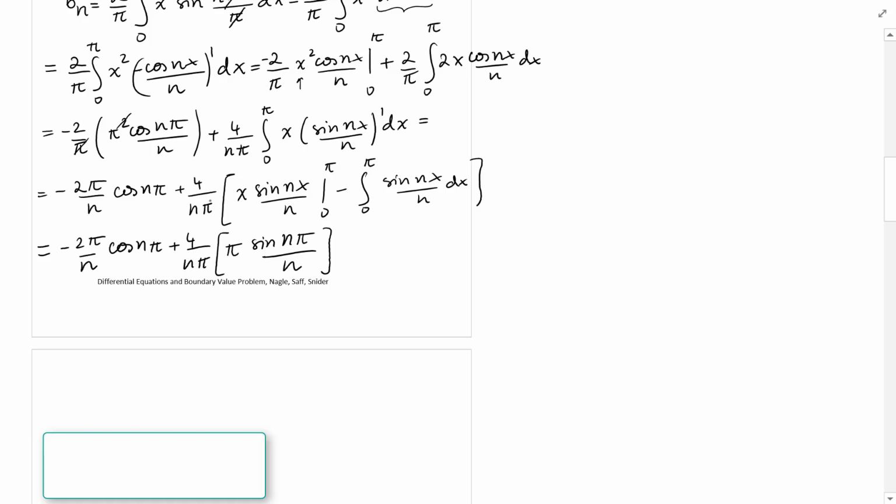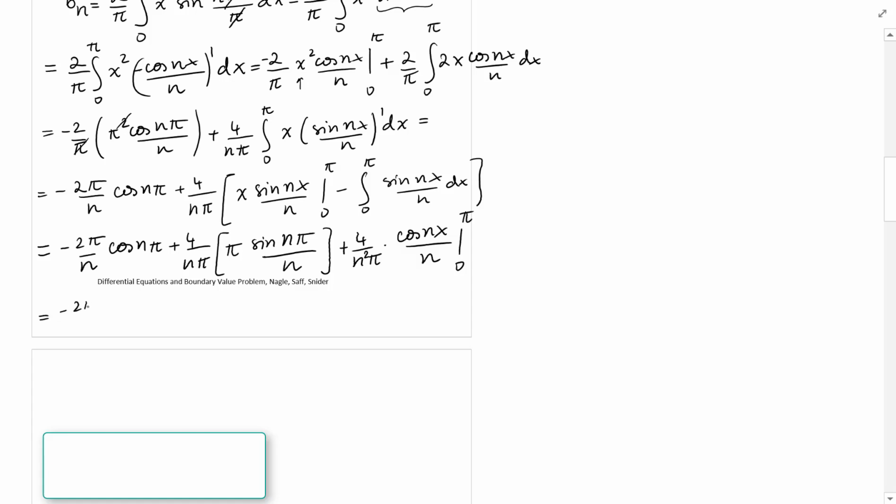And let's not forget minus 4 over n pi, and then there is another n that comes outside, so n squared, and then integral from 0 to pi of sine of nx, which we can skip a step and say that's negative, so it makes this one positive, cosine of nx over n from 0 to pi.